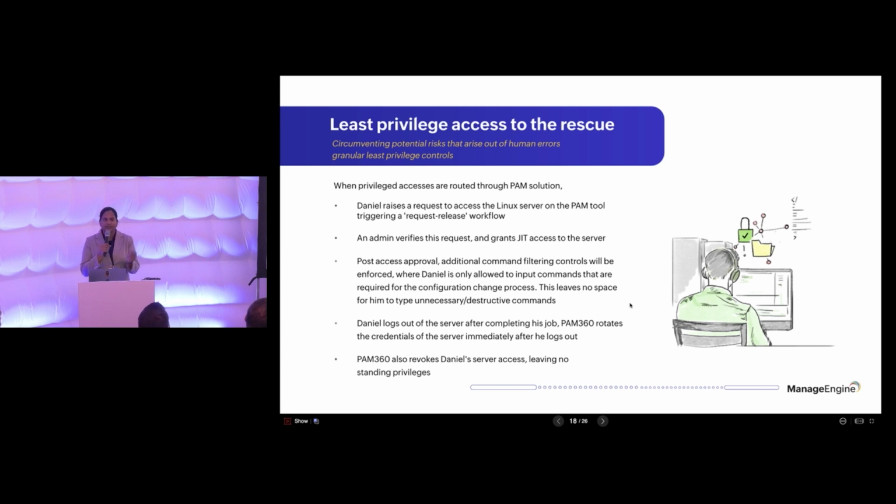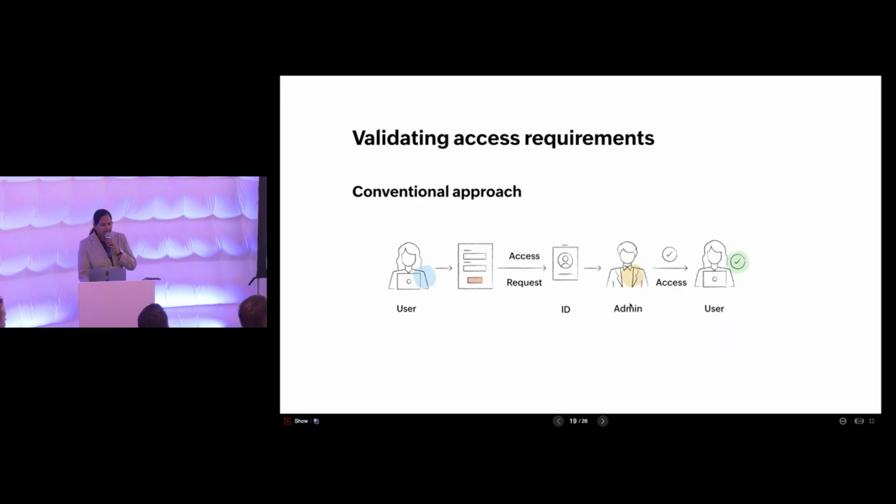You will have application and command controls in place, and once Daniel is done with his job, all the access privileges are revoked. So this way, you give users just about enough and minimal access privileges for them to carry out their job, right? This way, you ensure that your credentials are not leaked, and you also ensure that your business processes are not disrupted because of some small, minor error.